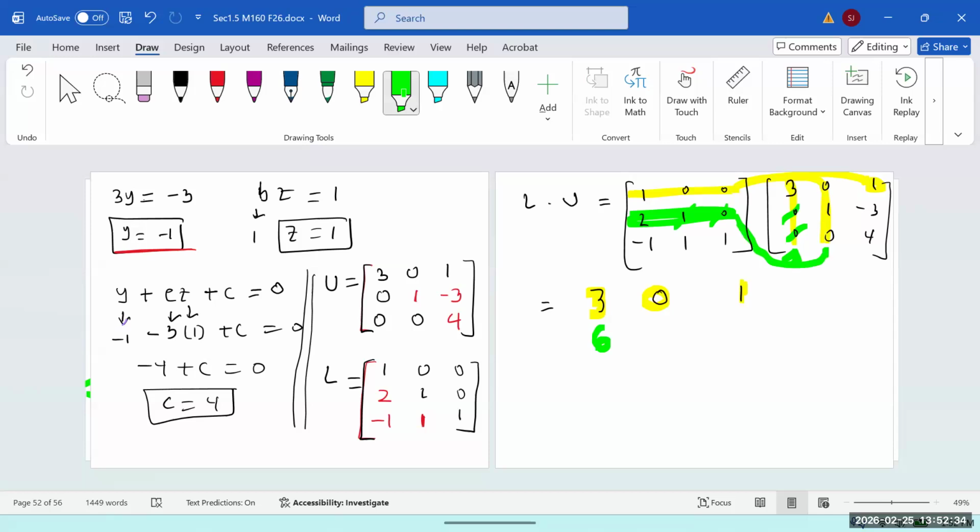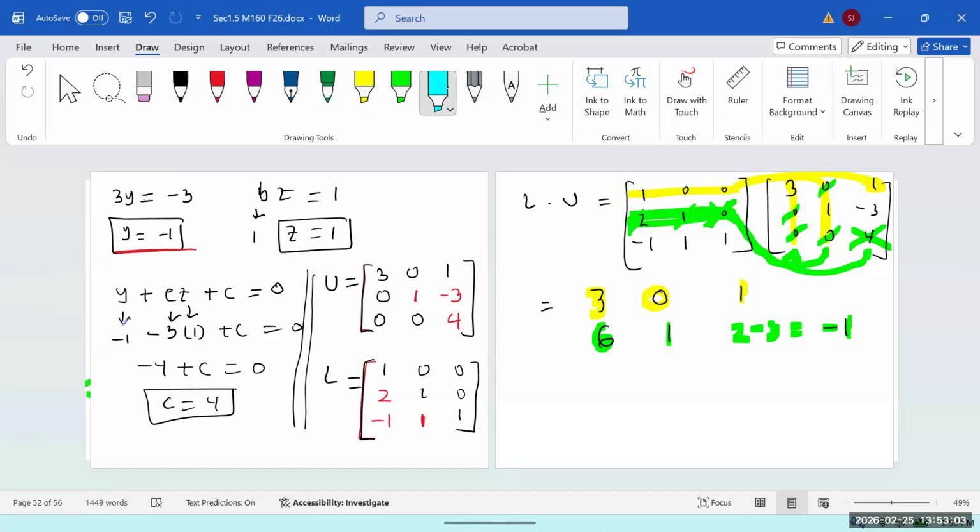Second row, second column, the 0, 0 cancel out, we are left with 1 times 1, 1. Column number 3, 0 and 4 cancel out, so we get 2 times 1, 2, and then 1 times -3, which is -3. That gives us -1. So our second row is 6, 1, -1.